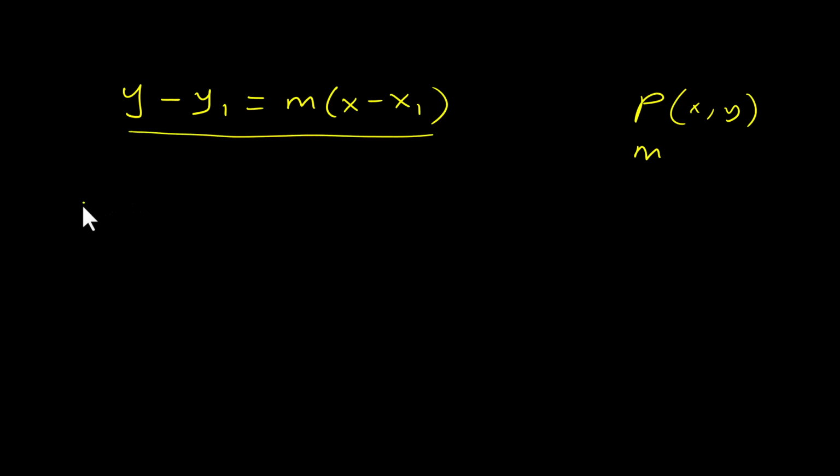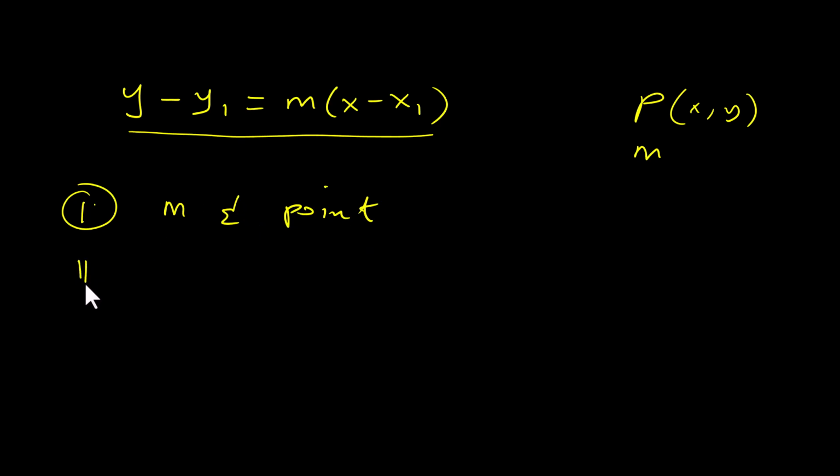We have some conditions that we need to know. The equation of a straight line can be formed when we know the gradient and the point. So whenever we know the gradient m and the point, we can form the equation of a straight line.